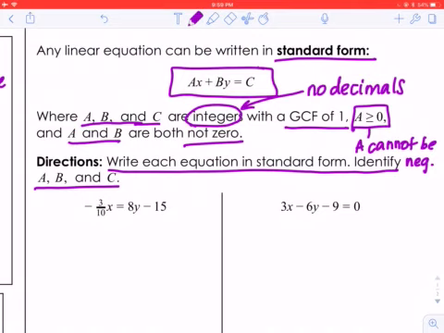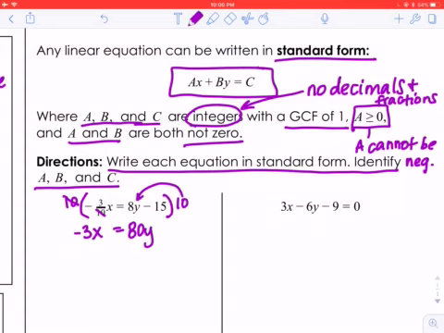So first thing I see here is that this is a fraction, and we said up here that we couldn't have decimals or fractions. So I'm going to get rid of that fraction. I see that they're dividing by 10, so I'm going to get rid of it by multiplying both sides by 10. Right? So 10 times negative 3x over 10 would be negative 3x, equals, and then 10 times 8y would be 80y, and 10 times 150 would be negative 150.